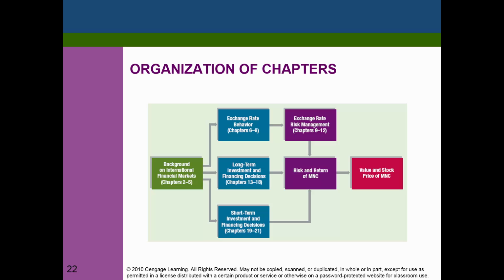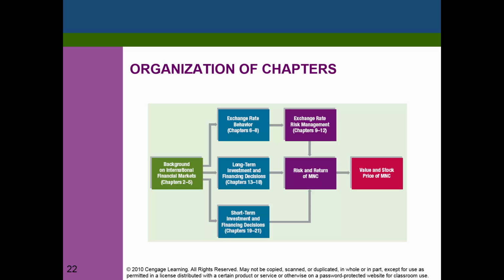Now in chapter 2 we'll talk about the international flow of funds. In chapter 3 we'll talk about the foreign currency markets, and so on. So chapters 2 to 5 give you a background on the international financial market. So there we are looking at the big picture as far as the world is concerned, and especially as far as the international financial markets are concerned.